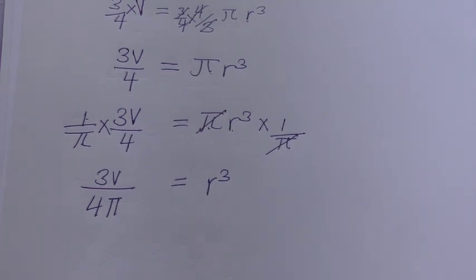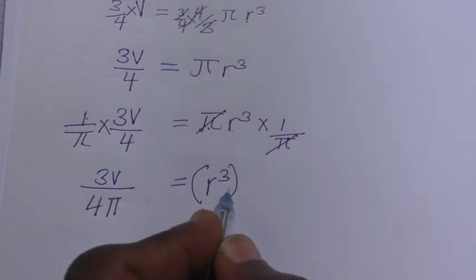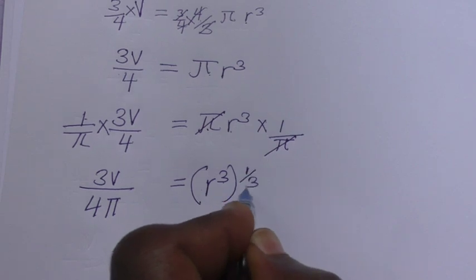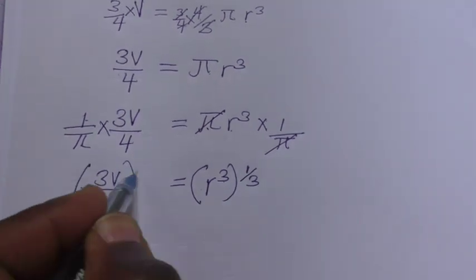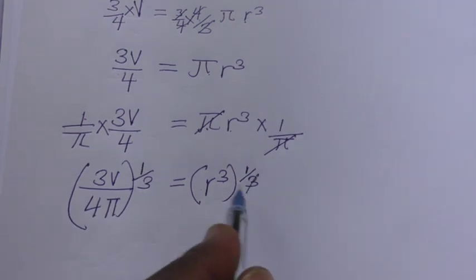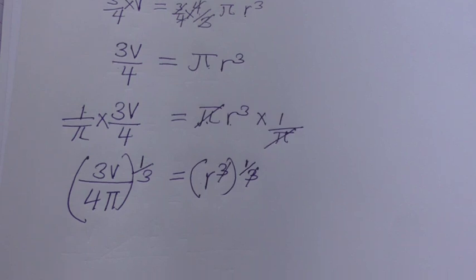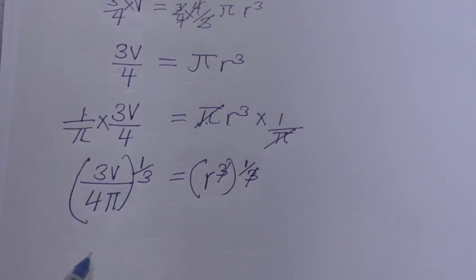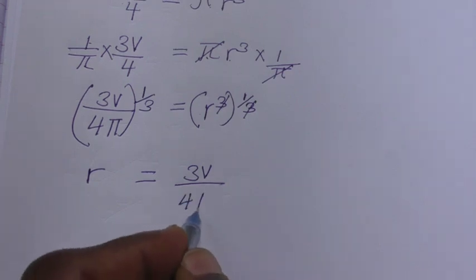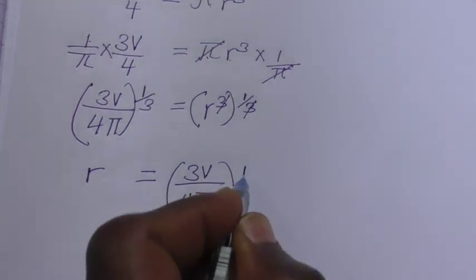For us to remove the power, we can multiply, or we can introduce a power that is the reciprocal of this current power, that is power a third, whereby the a third will cancel out the cubed, and therefore on this side we shall have r equaling 3V over 4 pi, power a third.